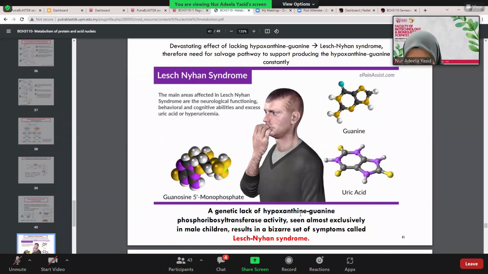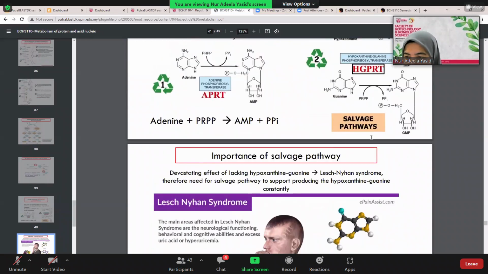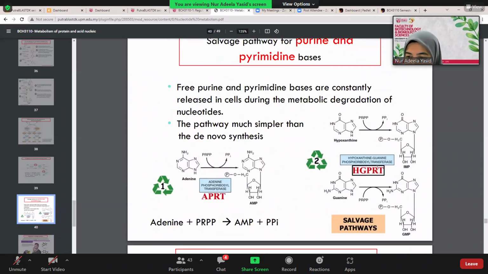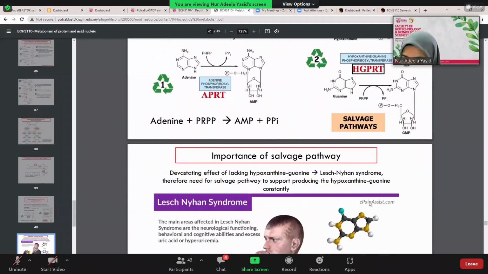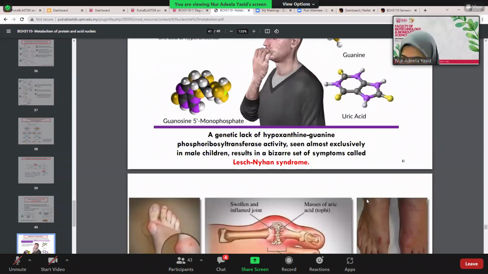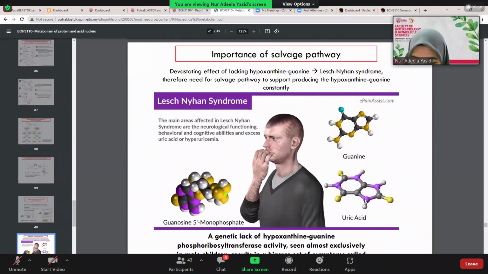What else I would like to share? So the lack of HGPRT, you can see from this reaction, what will happen if there's a deficiency of this enzyme? It will lead to the accumulation of PRPP. So what is PRPP?